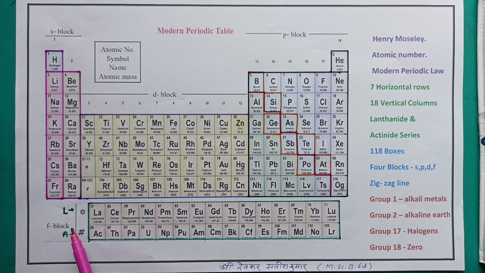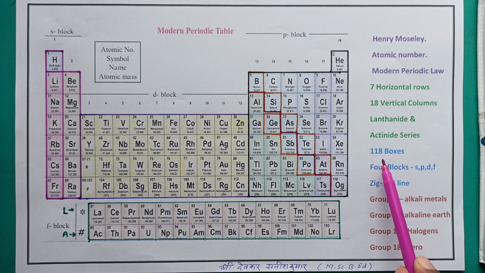Then the lanthanide and actinide series. There are 2 separate horizontal rows at the bottom of the periodic table. The first row at the bottom is called the lanthanide series. The second row at the bottom is called the actinide series.